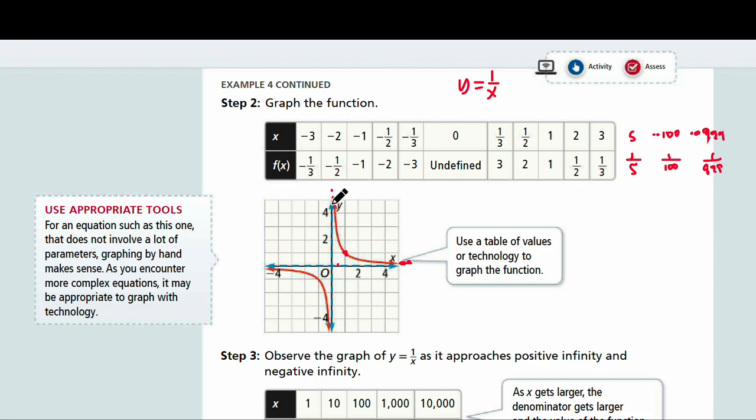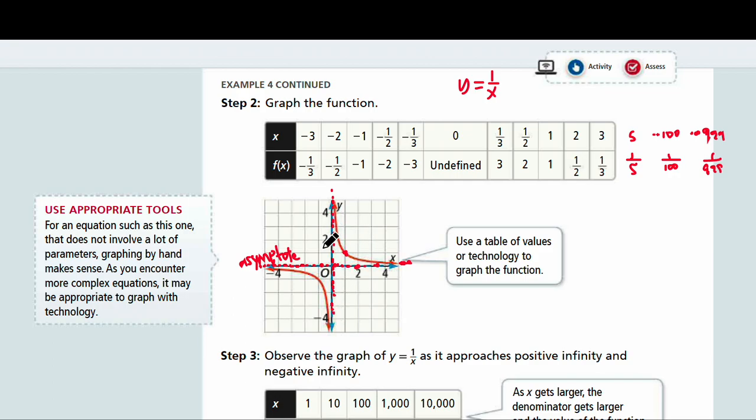This invisible line, which we'll talk about soon, is called the asymptote, which by theory you will never touch. There's an invisible line that your graph is approaching, but it's going to get really close to the asymptote without ever reaching it.